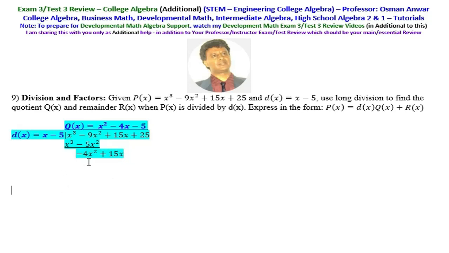Then divide minus 4x squared by x, which gives you minus 4x, and put minus 4x here. Minus 4x times x is minus 4x squared. Minus 4x times minus 5 is plus 20x.